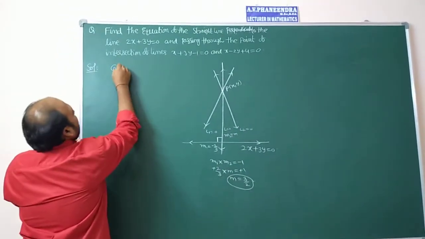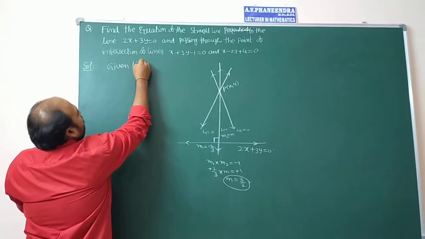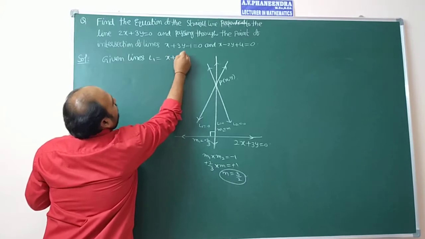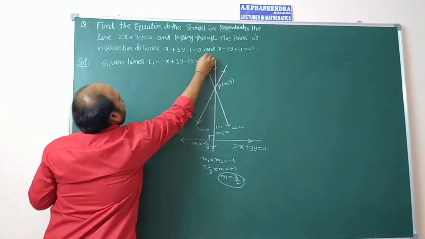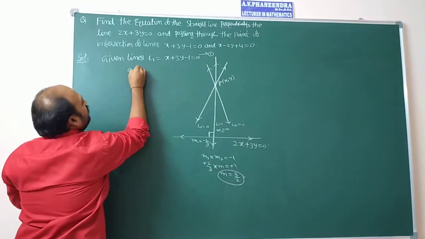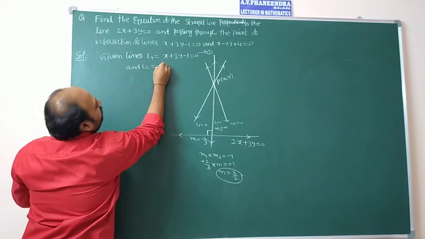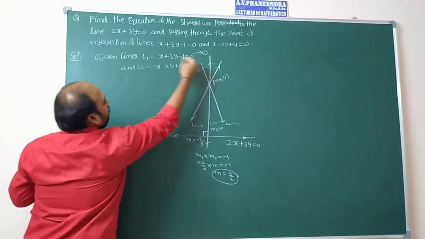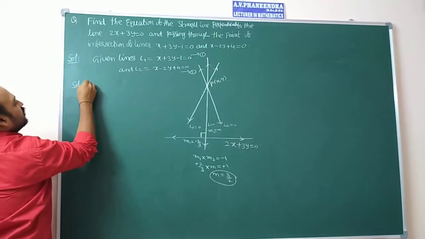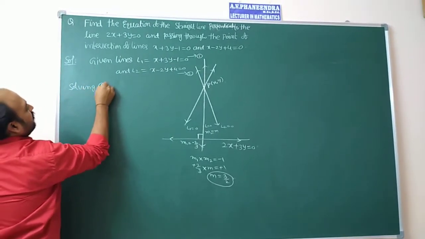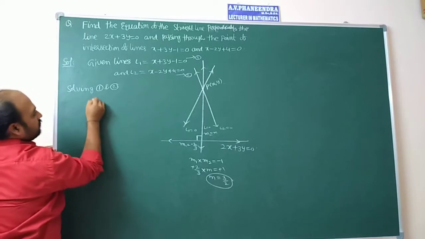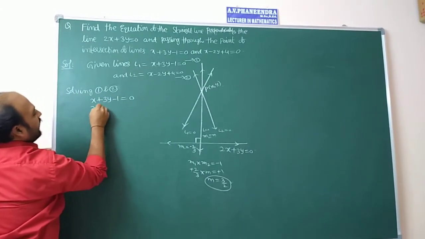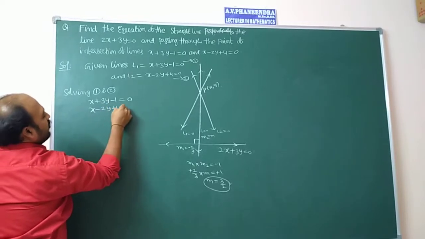So the first step: the given lines are L1 equal to x plus 3y minus 1 equal to 0 and L2 equal to x minus 2y plus 4 equal to 0. Solving 1 and 2: x plus 3y minus 1 equal to 0, x minus 2y plus 4 equal to 0.